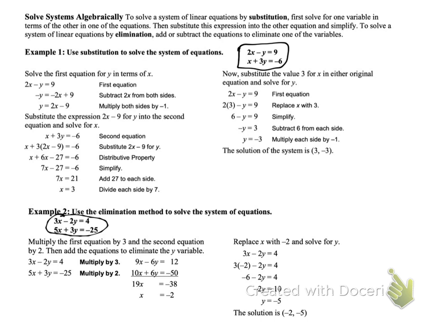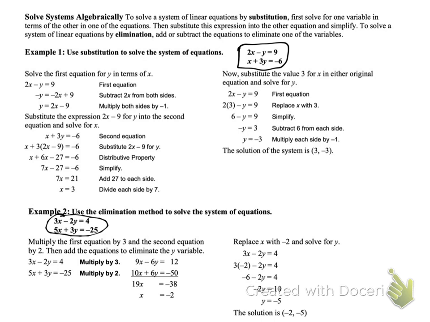That gives me 9x minus 6y equals 12. I distribute that 2. That gives me 10x plus 6y equals negative 50. I have created opposites in my y's: a negative 6y and a positive 6y.